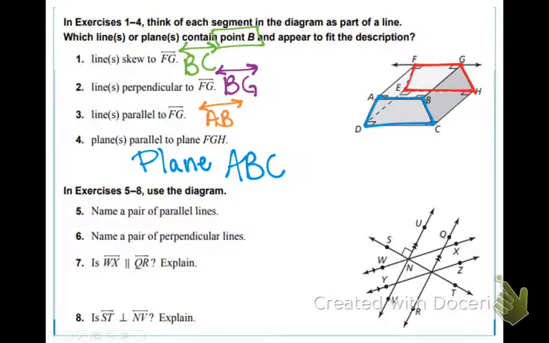All right, number 5, it says name a pair of parallel lines. So we want lines that don't intersect. What in our picture would show us that they're parallel? What would we look for on the line? Little arrows or little triangles. Do we see one? Yes. Avery, can you name one? VU. VU, yep.